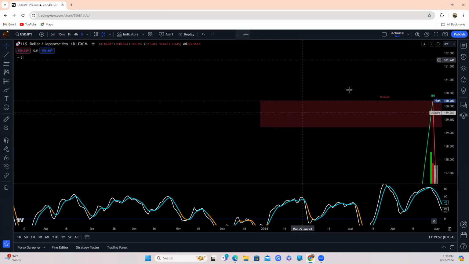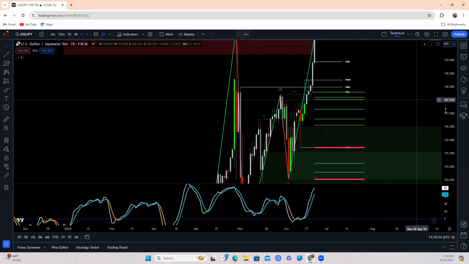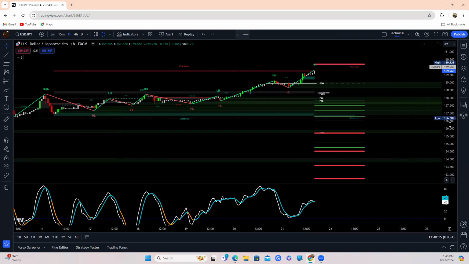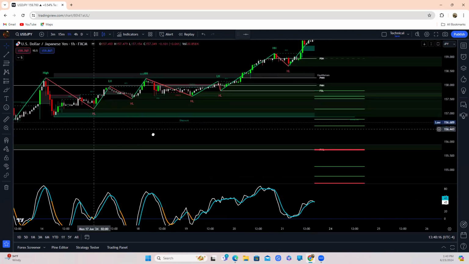So there would be no reason for trying to catch a reversal sell trade, right? Again, when you're thinking about trying to catch a reversal, ask yourself on the higher time frame, is that in the direction that I'm looking to put this trade in? If the answer is no, then you might not want to put that trade in.